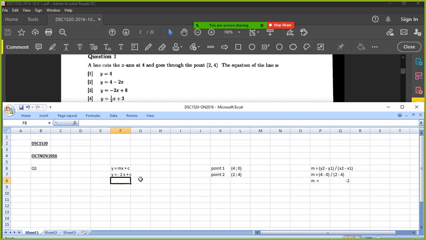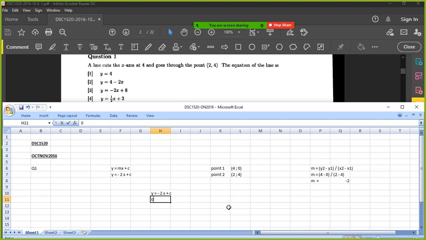Now that you know m is minus 2, how am I going to get c? Do you know? You basically plug in the values of x and y. Yes, perfect. You can decide which option you want to use, it doesn't matter, either works. I'm just going to use the first one.